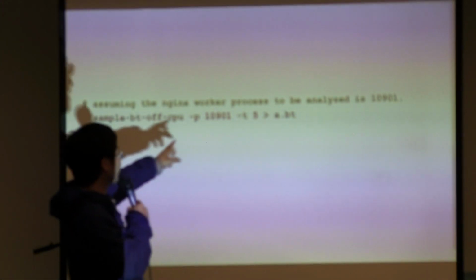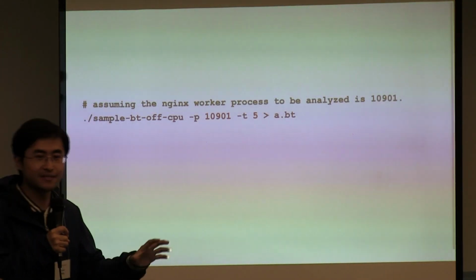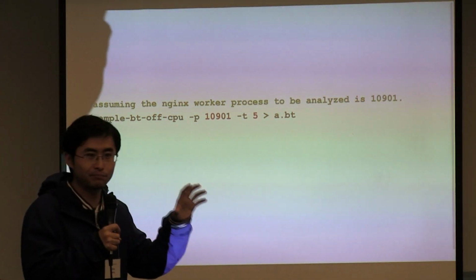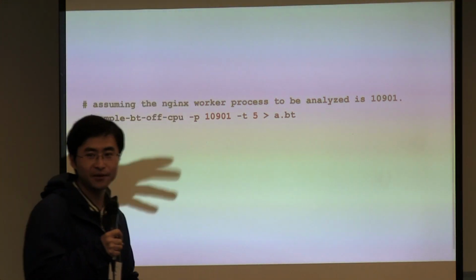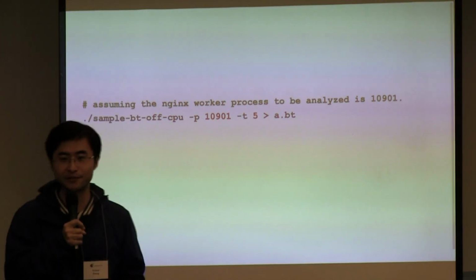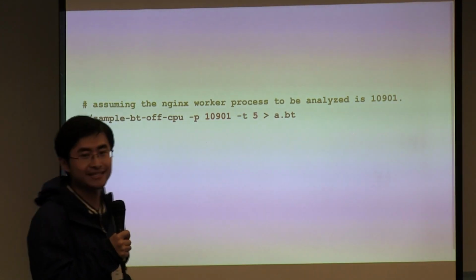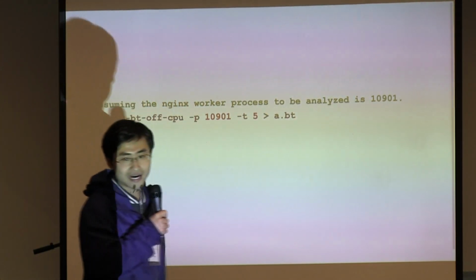And you just specify a process ID. It requires zero modification or collaboration from the target system you are probing. It's very important. It needs no collaboration at all. So you just specify the PID just like you are using GDB to analyze a process, right? And you can specify the sampling time, for example, here 5 seconds.